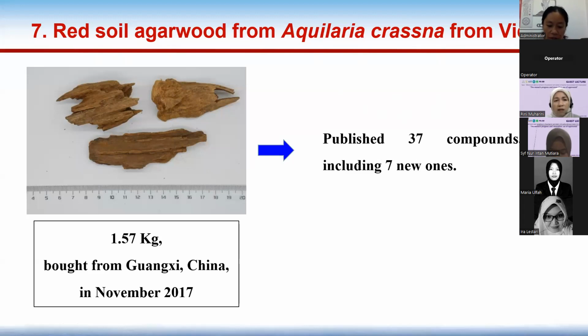And this agarwood is also very important in the world market. It has a dark red surface, with a purple and brown heart.